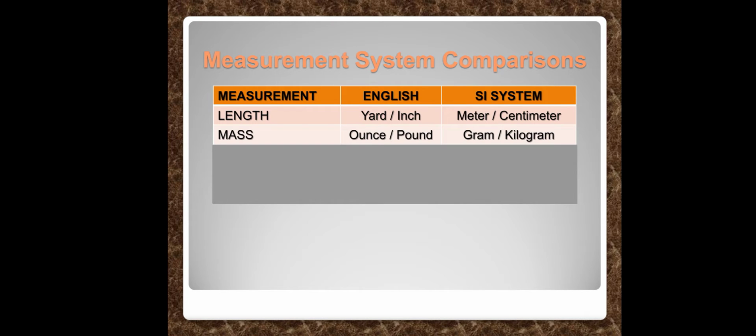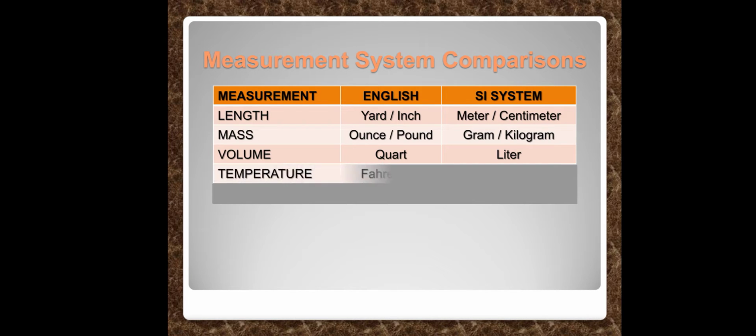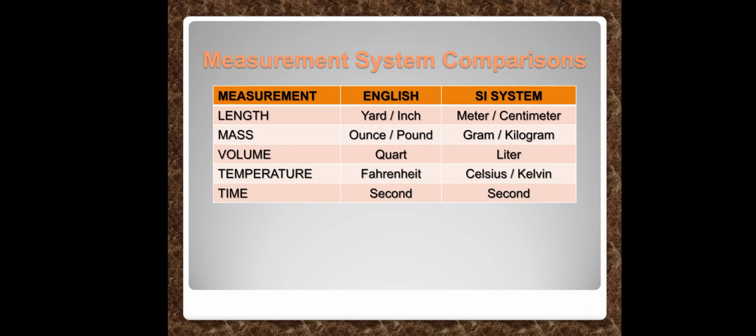In the SI system, gram or kilogram. Volume in English is quart. In the SI system, liter. Temperature in English is Fahrenheit. In the SI system, Celsius or Kelvin. Time in English is second. In the SI system, also second.